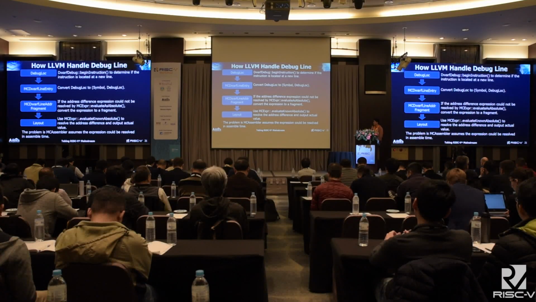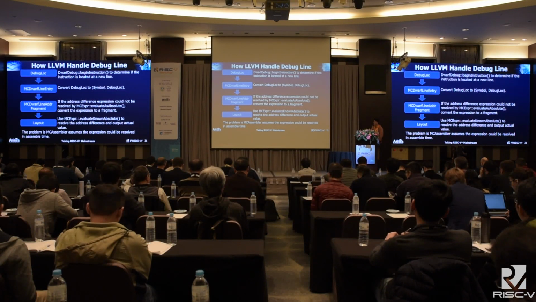As we know, evaluate non-absolute will evaluate the expression to a value regardless of whether relaxation is enabled or not. So LLVM assumes the value must be known at layout, and it writes the value into the object file directly. Linker has no chance to update the value after linking. That's why there is an embedded address in debug line information.